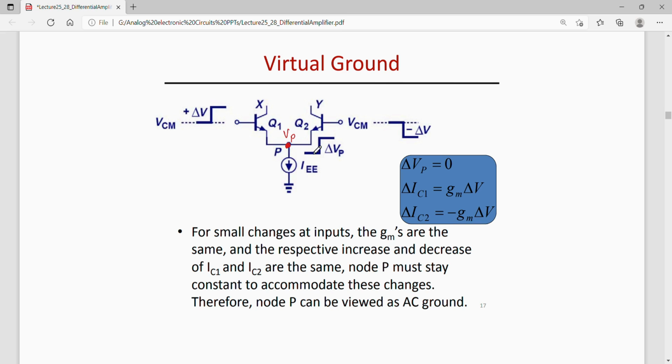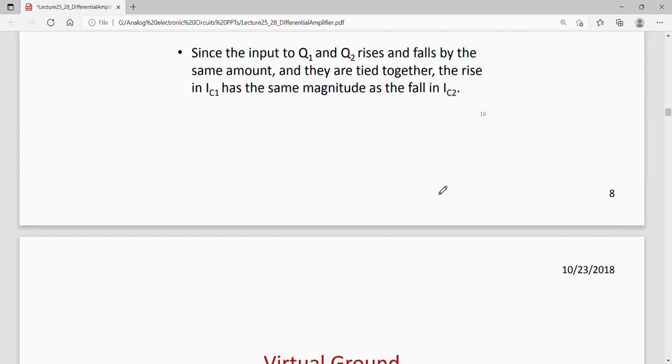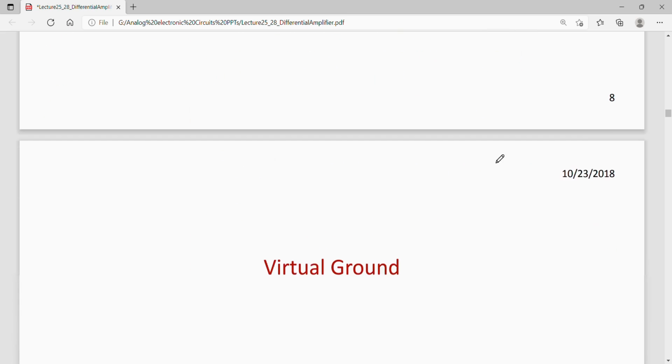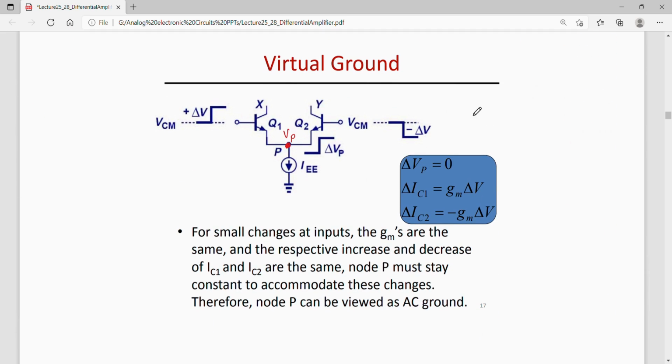To ensure the previous condition, I need to ensure that Vp, this node potential, does not change. That is, the change in Vp should be 0.